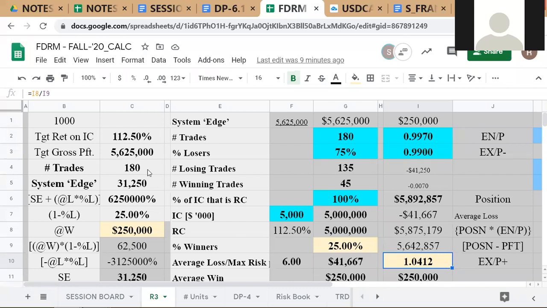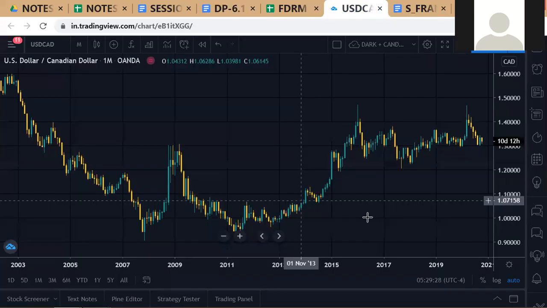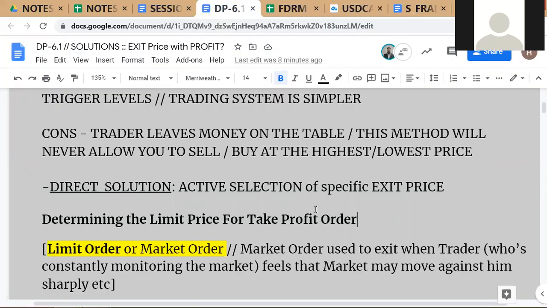The point of this whole exercise is to show you that there is a logical connection between this number and the larger exercise which we are doing, which is limit price for take profit order, trade by trade, because in real life you'll operate trade by trade. So we are done for that, just finish it off.